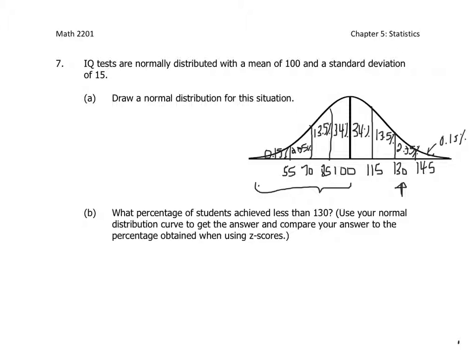So basically it would be 50% plus you got these two sections here, which is 34%, and another 13.5%. So if you add all those up, you get 97.5% of the data.